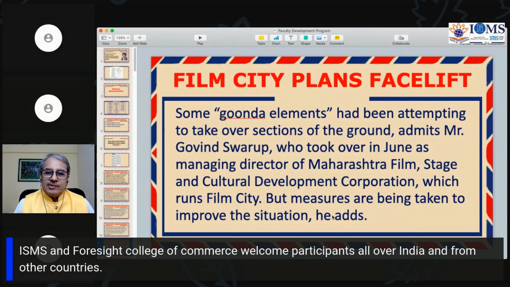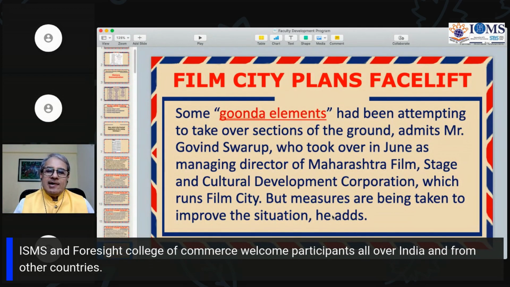My dear friends, for the third paragraph, we need to select one particular word or idea as a keyword, and rightly, Gunda elements, written in inverted commas by the author himself, is going to be the third word.